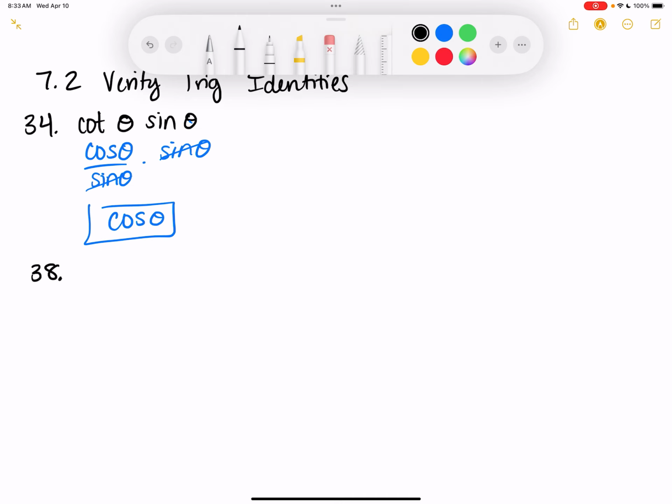38: cosecant theta times secant of theta divided by cotangent of theta. So, can I rewrite any of this?